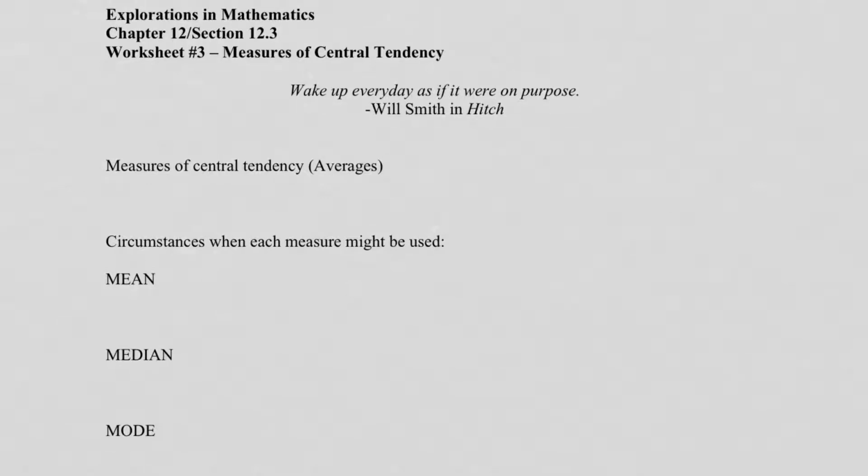So 12.3, measures of central tendency. Basically this is just saying the tendency of data to move or to be accumulated towards the center. So we just basically say averages to give us the simple version of that.